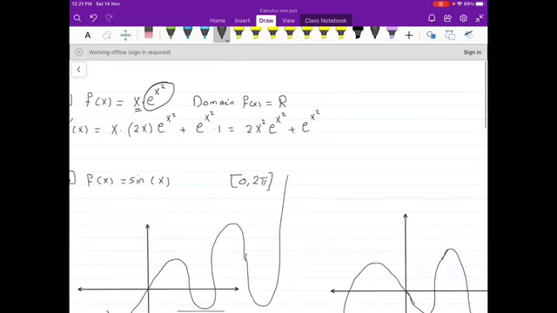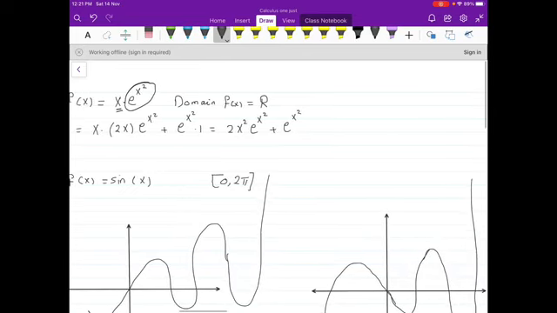Now, when the derivative equals 0, we take e to the power x squared as a common factor: 2x squared plus 1. Is it possible that this equals 0? Impossible. Why? Since e to the power x squared does not equal 0 for any value of x, and also 2x squared plus 1 does not equal 0.